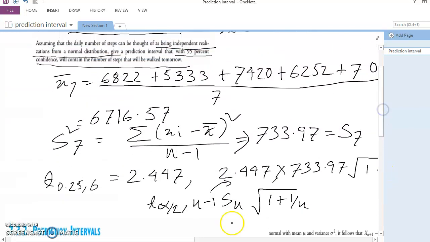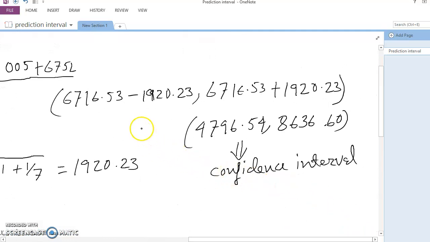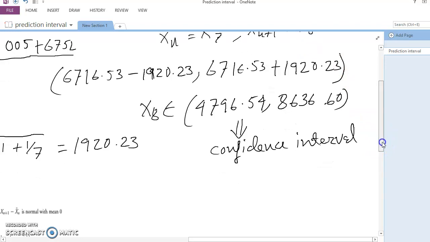In this question, Xn plus 1 is X8, because n is equal to 7.